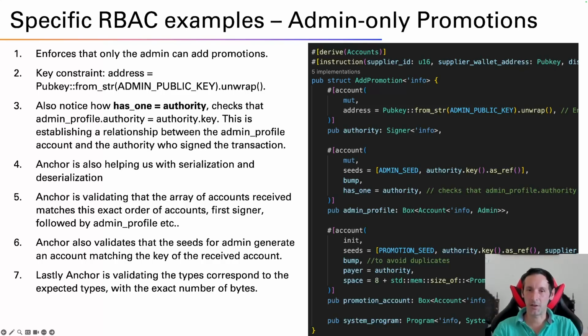It's calculating the size of all the fixed elements of the promotion struct, plus all of the dynamic ones. And you can see that there are plenty of arguments that are received, and these arguments are then used to calculate the dynamic portion of the space calculation. I'm repeating myself a little bit, but we've talked about this in the previous slides, the so-called space calculation.